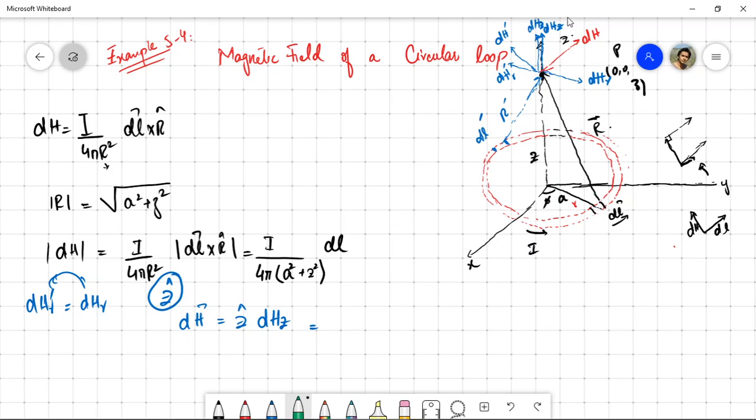So if this is the angle theta, the other theta will be here, and if this is theta, the other theta is going to be here.